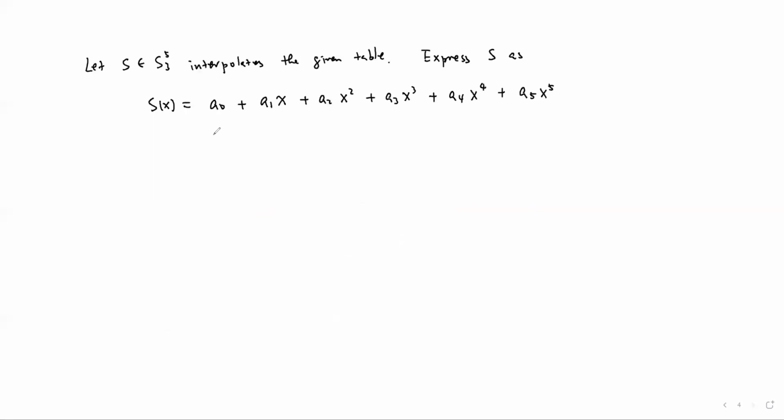So, plus B1 (x minus 2) to the 5, B2 (x minus 3) to the 5.